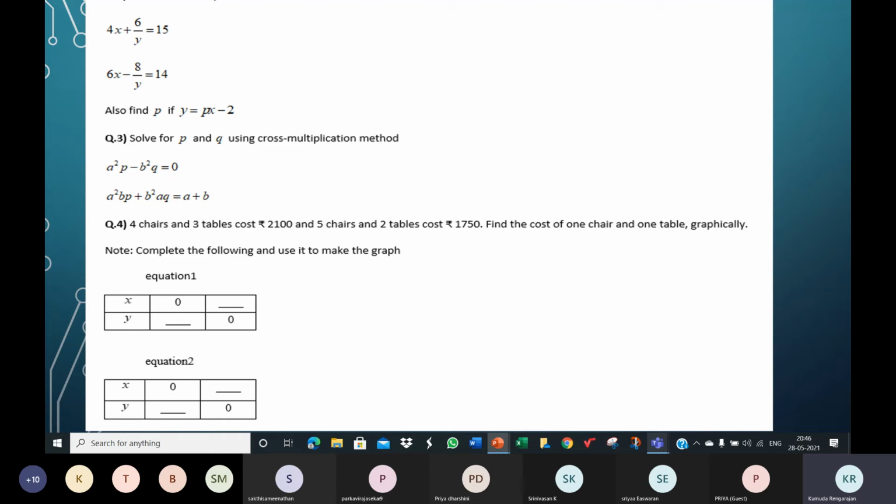You have to find the answer graphically, but just solve the two equations algebraically and get the values. Then the two graph lines must intersect at the point 50, 100. So you can make sure that they meet there.